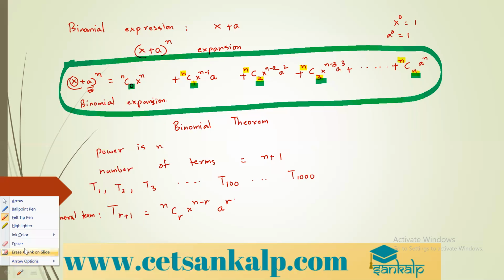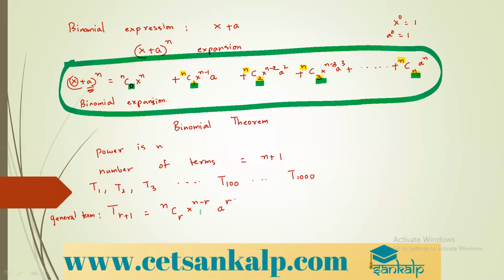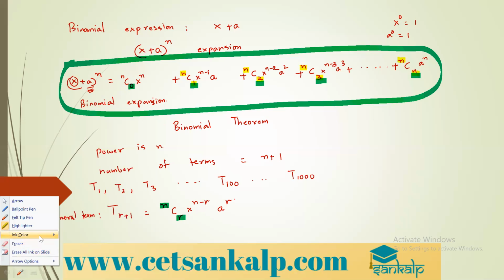Now this is again easy to remember, because what is the power for x? N minus r, as I told you. And then what is the power for a? It is r, the down one. In this way, you can remember the formula for any term in the binomial expansion.